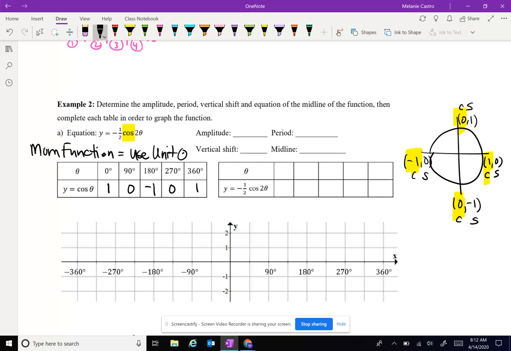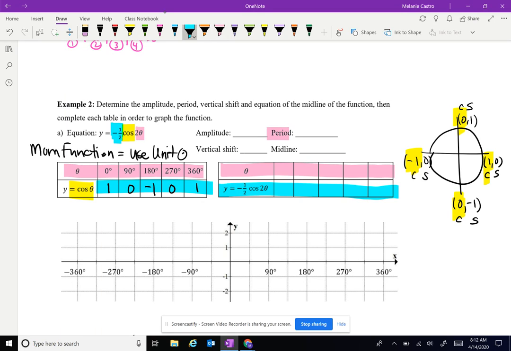Now we're going to transform this mom function for cosine, and the way that we're going to transform our table is we're going to look at the amplitude. So we have to be careful. The amplitude is changing our y values, so that's going to change all of our numbers along the bottom. The period is changing the x's, so that 2 theta is going to affect the period. So we're going to take these values for quadrantals, and then we're going to mess with them.